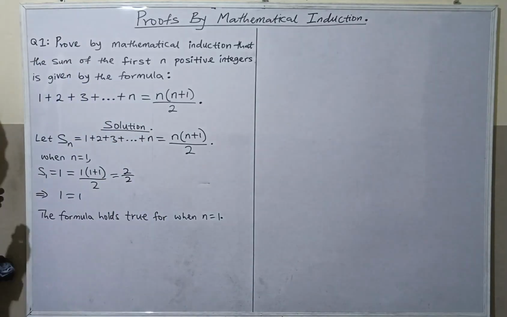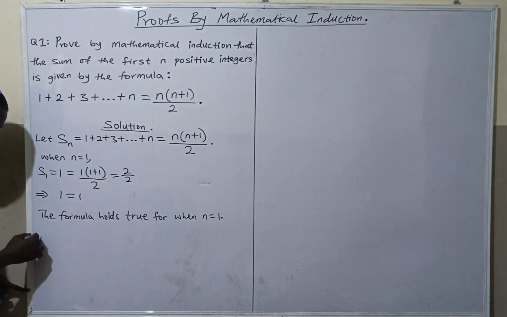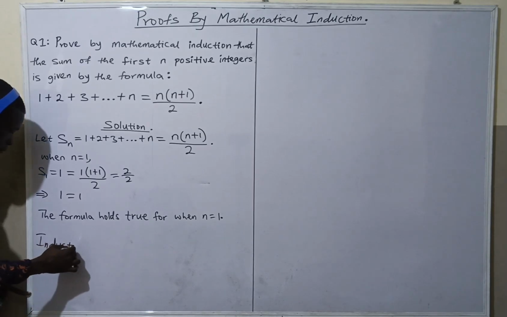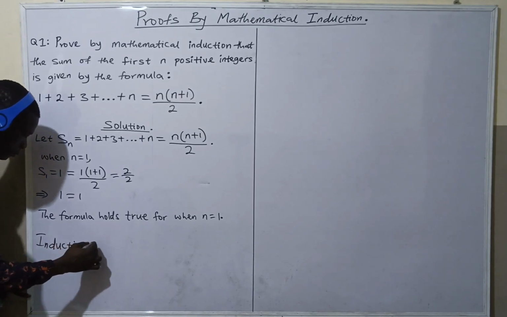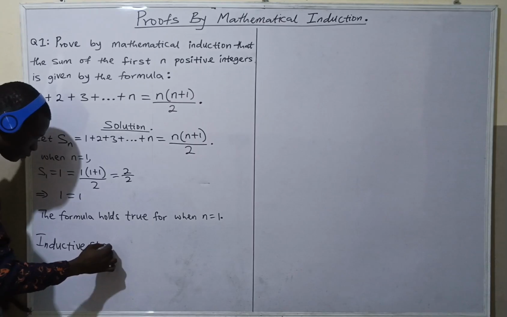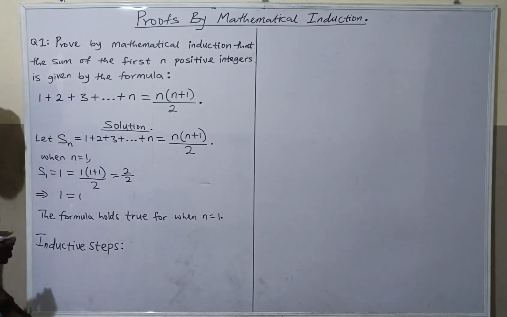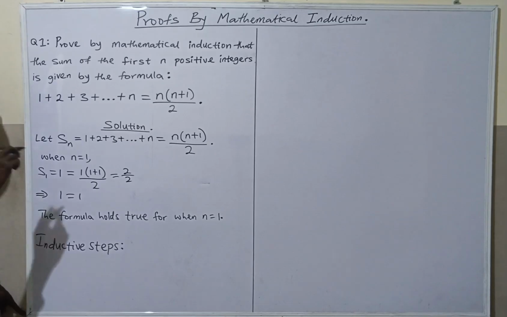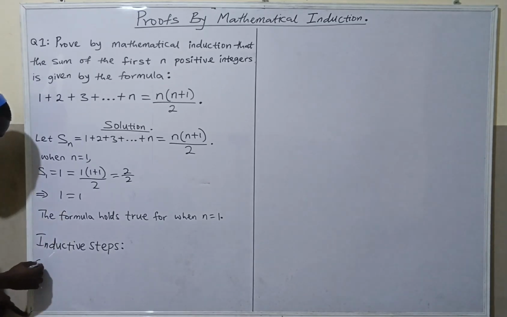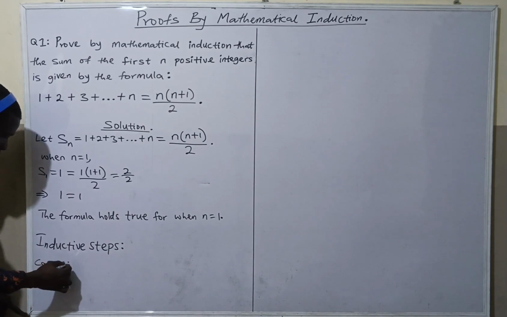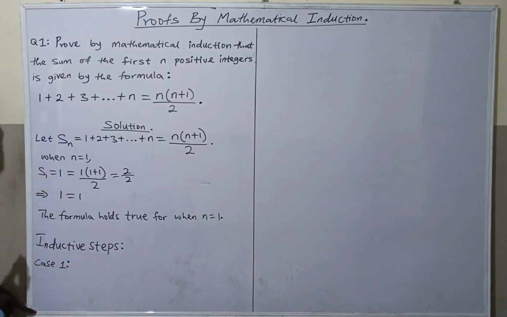So we'll proceed into the inductive steps now. Now, for the inductive step, we are going to be having case 1. Case 1. And what is the case for case 1?